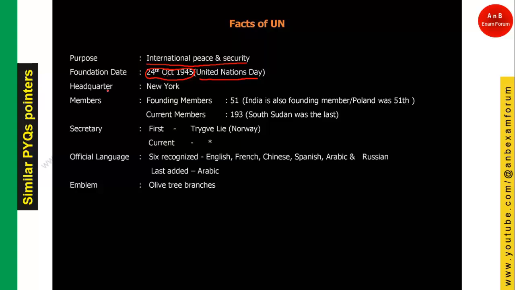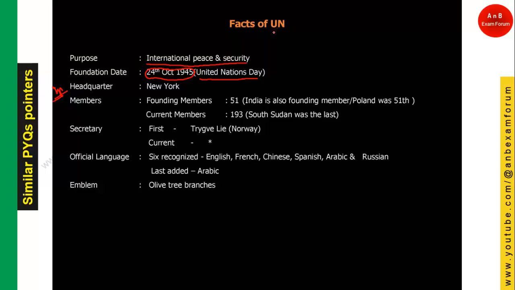And a very important pointer related to any organization is the headquarter, because this is a very confusing part, because there are many organizations in the world, and in exams you will find headquarter related questions. But why is the headquarter very important for the UN?